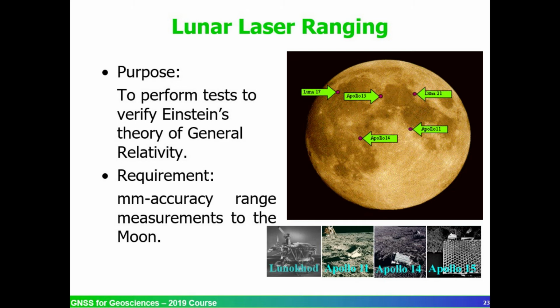Lunar laser ranging. The purpose is to perform tests to verify Einstein's theory of general relativity. The requirement is millimeter accuracy range to the moon.